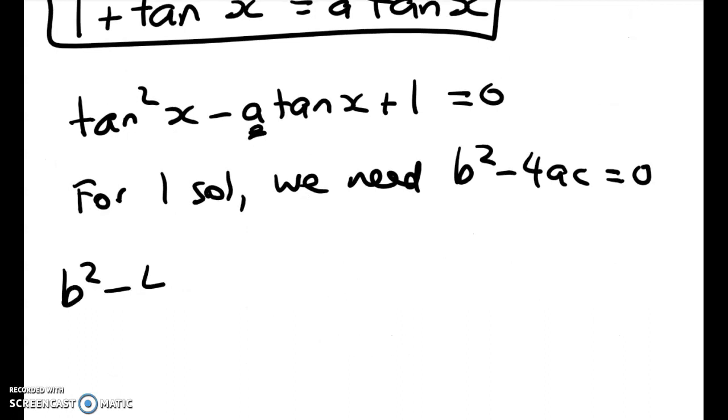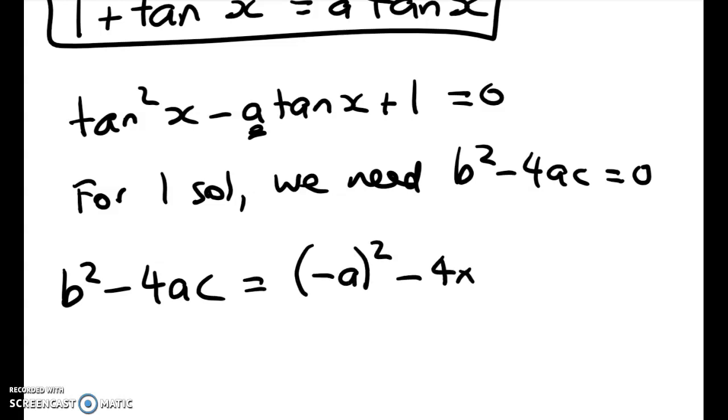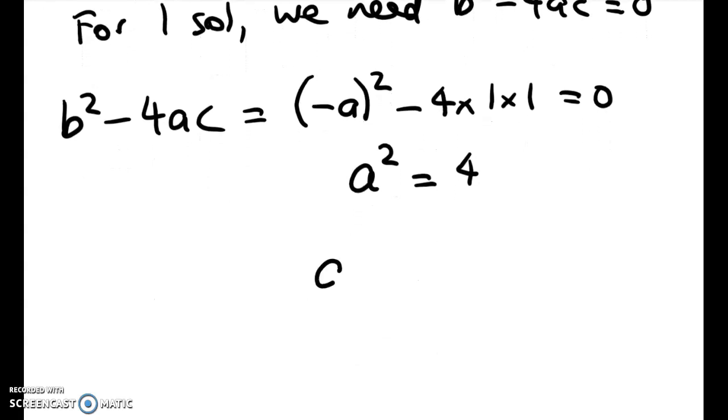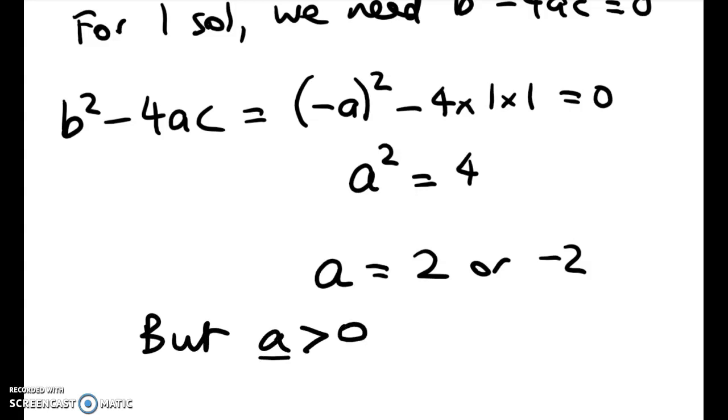So b squared minus 4ac is equal to negative a squared minus 4 times 1 times 1, which equals 0, giving me a condition of a squared equals 4, and a is equal to 2 or negative 2. But we know that a is a positive constant, so a must equal 2.